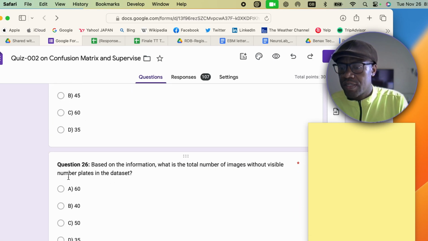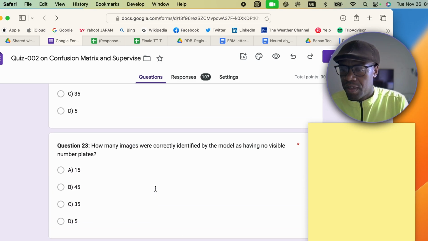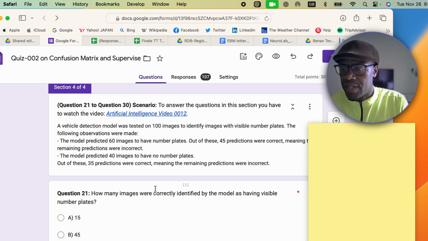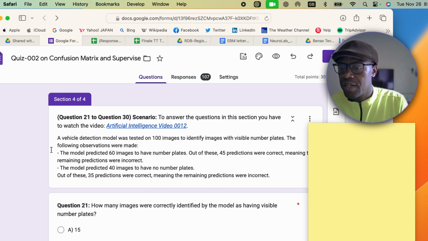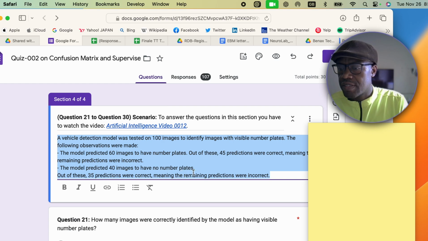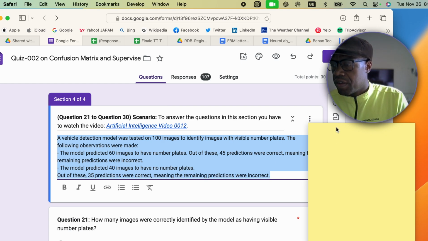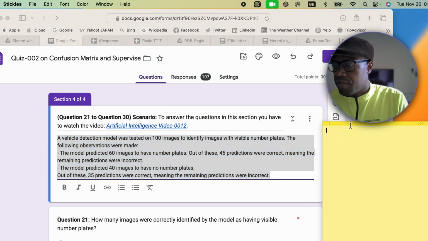On question 26, I asked, based on the information, what's the total number of images without visible number plates in the dataset? Which information are we basing on? There was a description at the start of the section, and this is the said information.